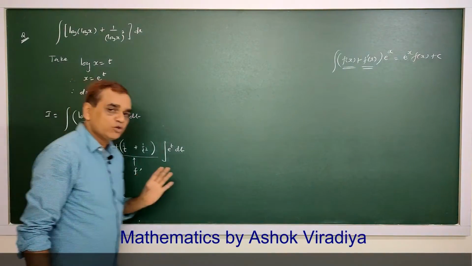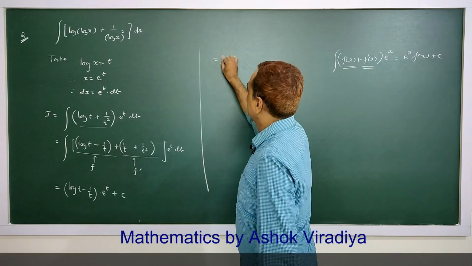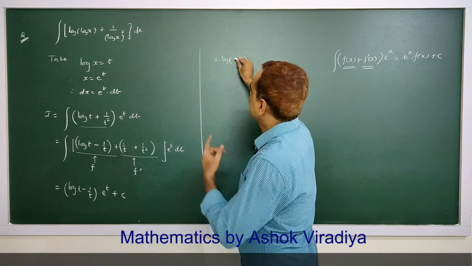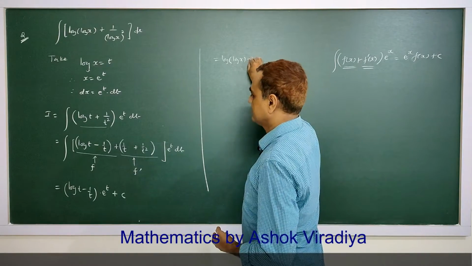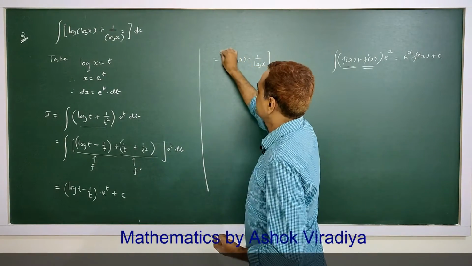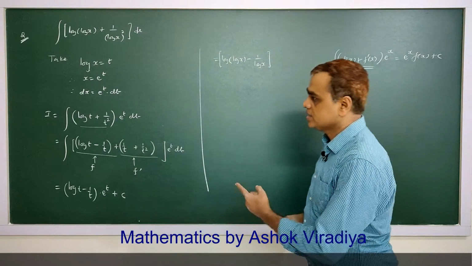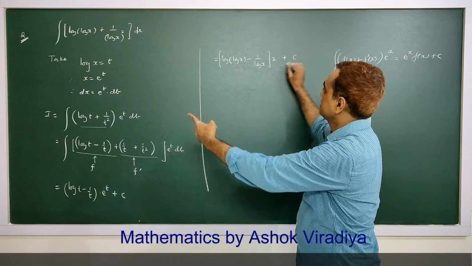And putting the value of t, it is equal to log of t is log x, minus 1 upon log x, into e raised to t is x, plus c.